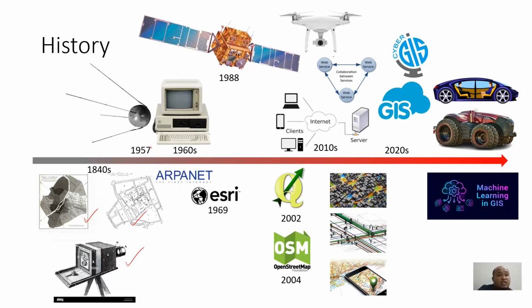Then in 1957, the first positional satellite was sent into lower orbit by the Russian scientists. This is the starting point of GNSS, or what we simply know as GPS, right?